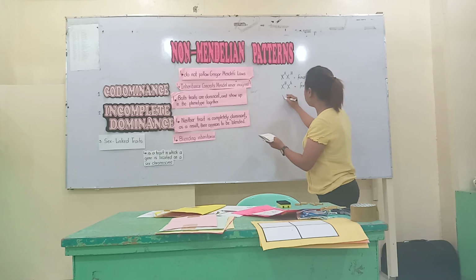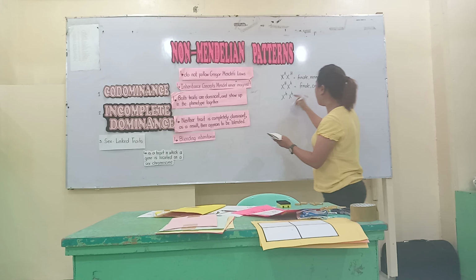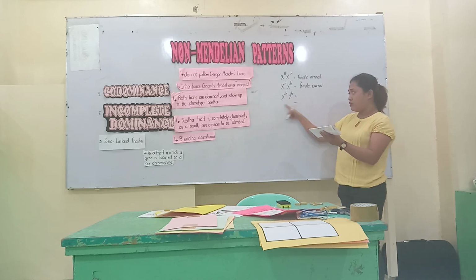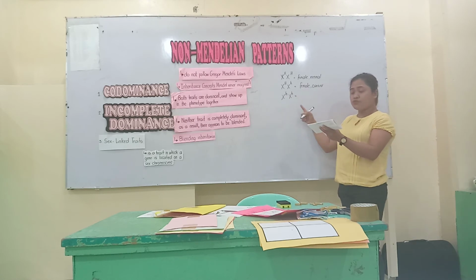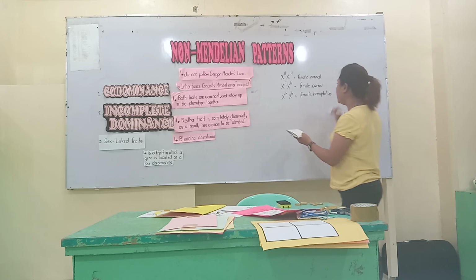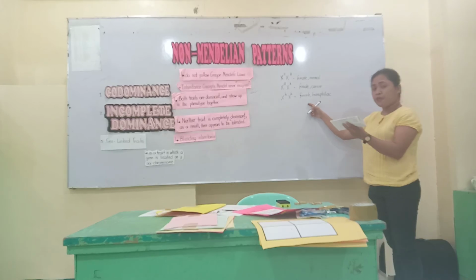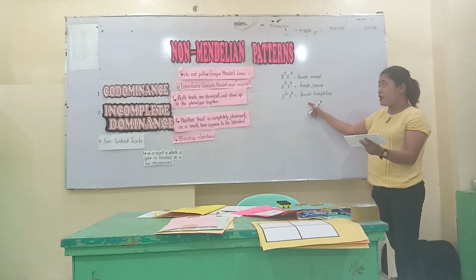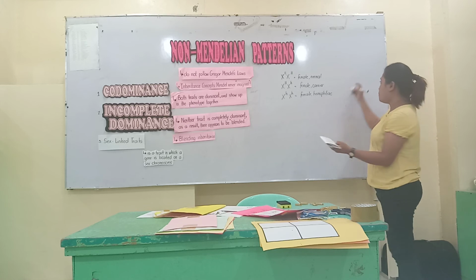Another is kung duha na gyud kabuok ang hemophilia sa homologous chromosomes, naa na siya or kani nga female is already hemophilia or hemophilic nga female person. For males, duha ra ang iyang kapilian, right?